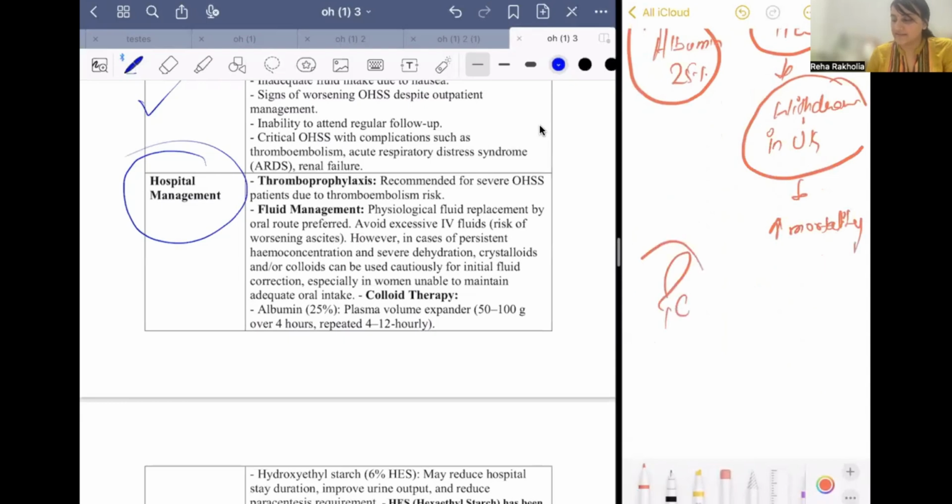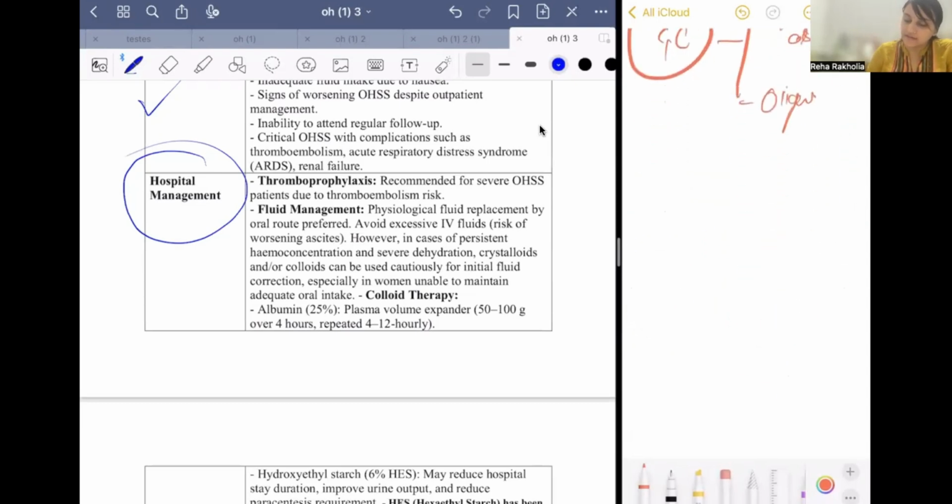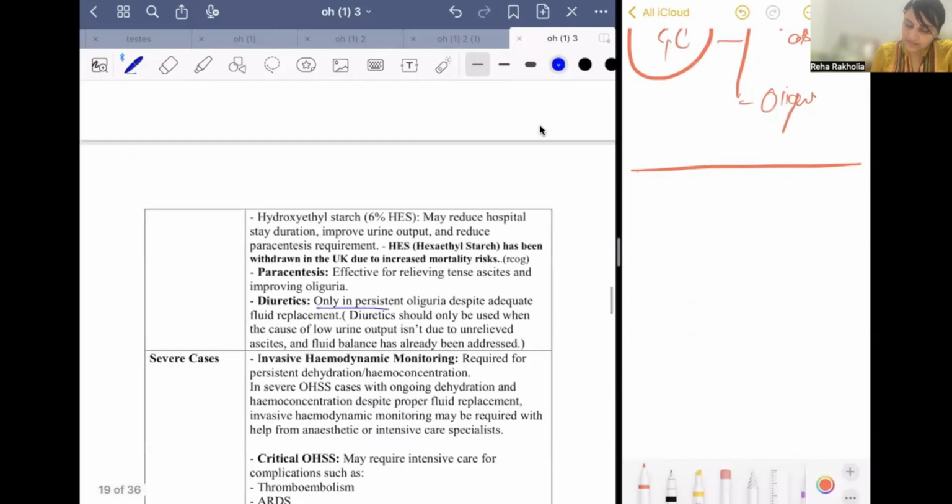Now, paracentesis may be used to relieve the tense ascites and also to improve the oliguria. While diuretics are selectively used to manage persistent oliguria when fluid balance has been addressed, okay? Only in persistent oliguria despite adequate fluid replacement.